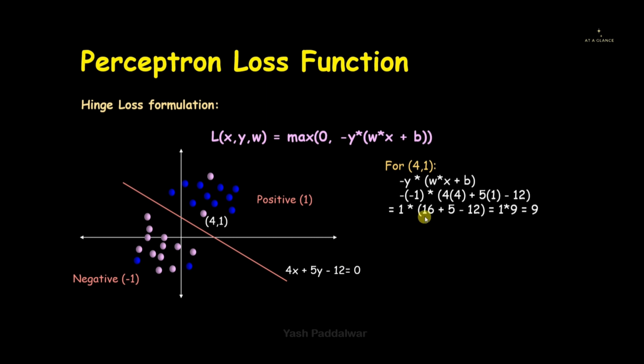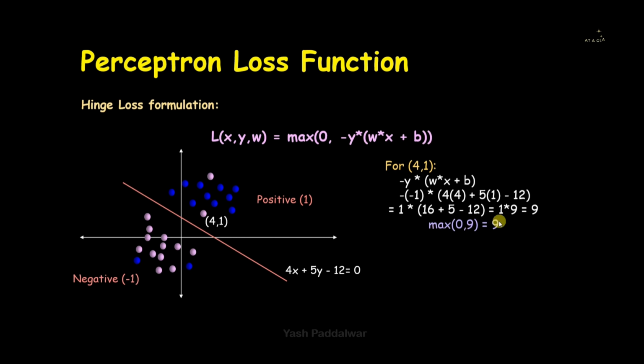You can see that minus 1 into minus 1 is 1, and in this expression 4 into 4 is 16, 5 ones are 5, minus 12 remains as it is, and when we calculate this we get 9. 1 multiplied by 9 is 9. Now the value of this expression in the max function is 9, so it becomes max of 0, 9.